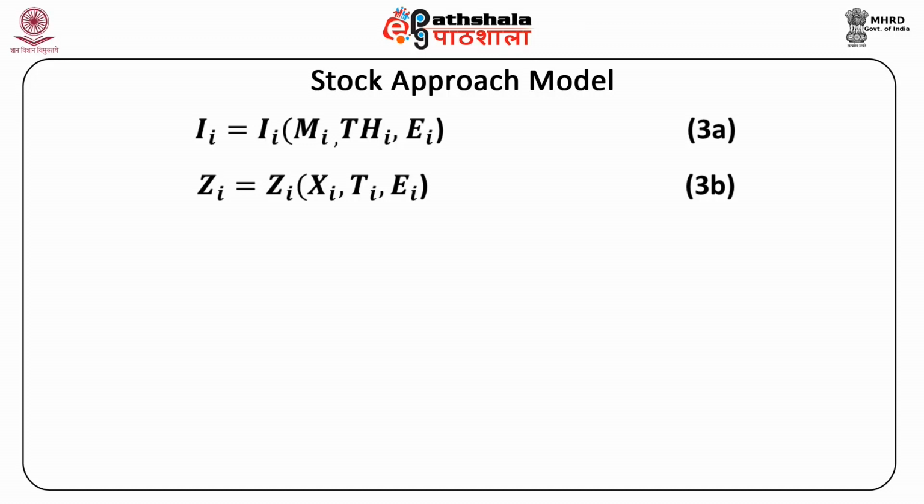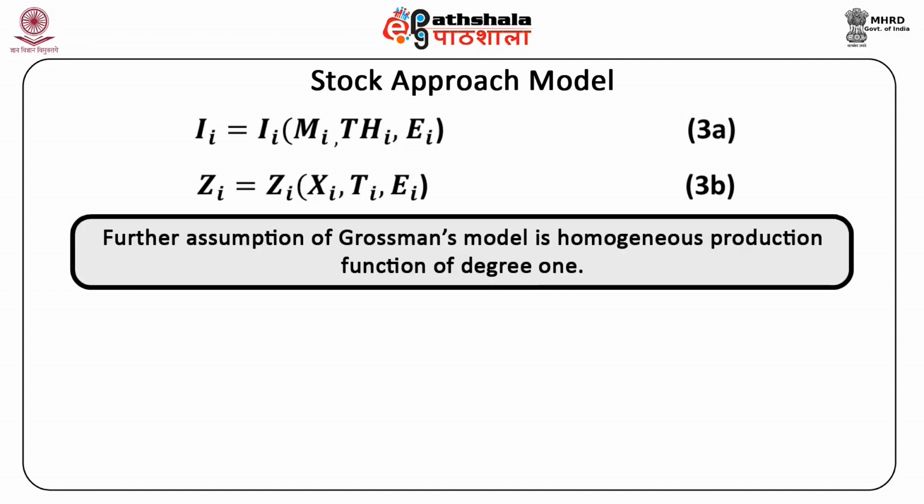where Mi is medical care, THi and Ti are time inputs, Xi is goods input in the production of Zi, and Ei is stock of human capital. Further, an assumption of Grossman's model is a homogeneous production function of degree 1.